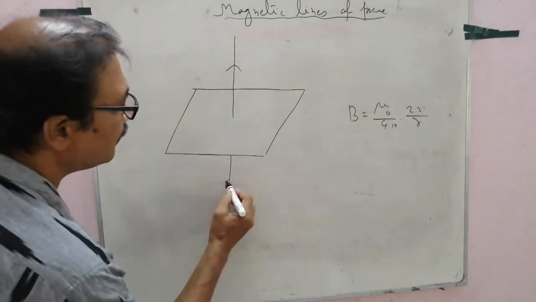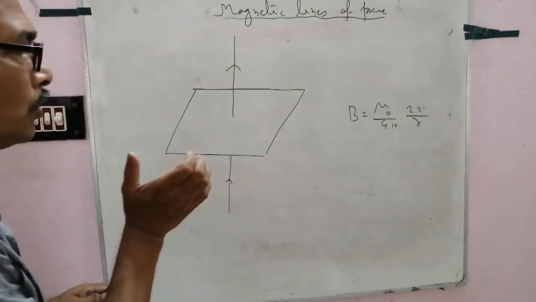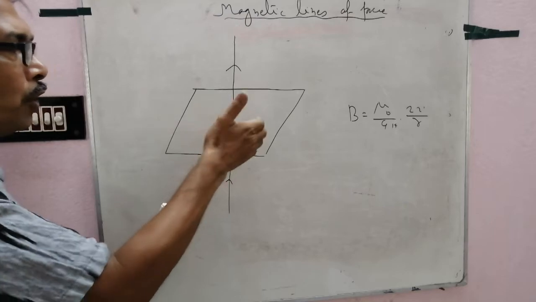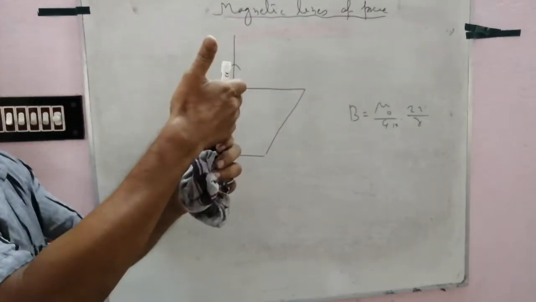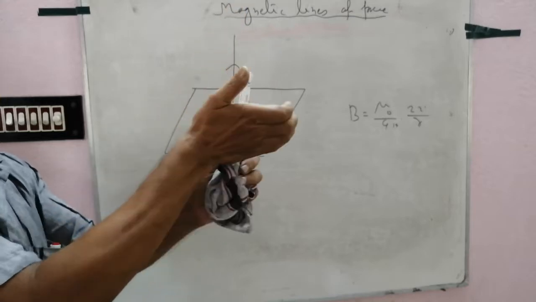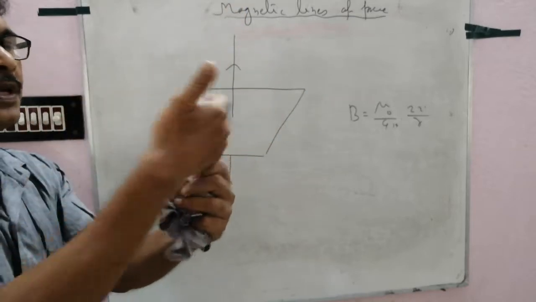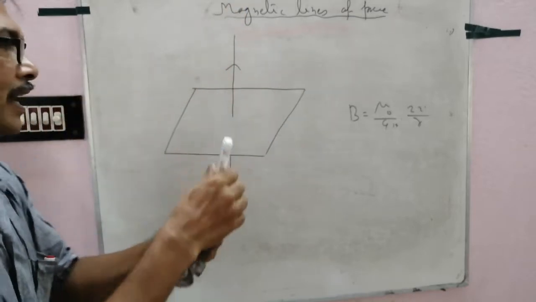So what will be the magnetic lines of force? Follow. This is the wire with current in the upward direction, the thumb finger is upward. So the direction of the forefinger will be the direction of the magnetic lines of force.